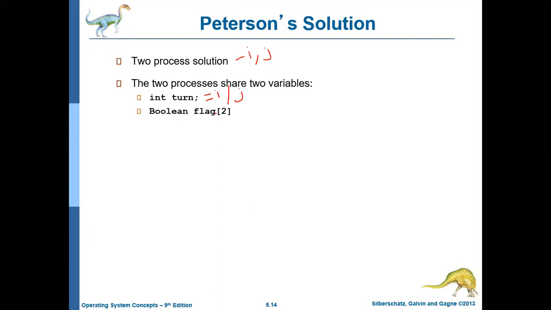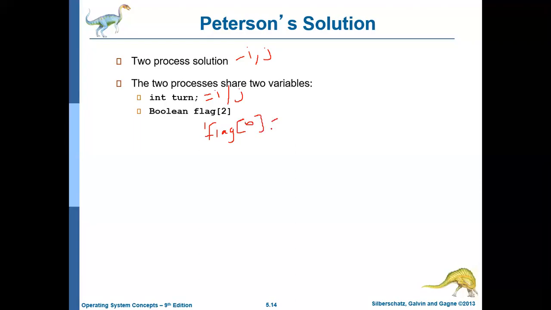Similarly, we have another variable, flag of 2, which is a Boolean variable. Basically it is an array with two locations, so you can consider flag of 0 and flag of 1.